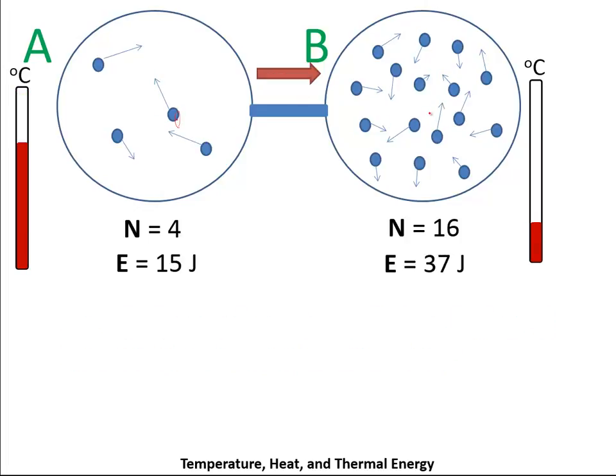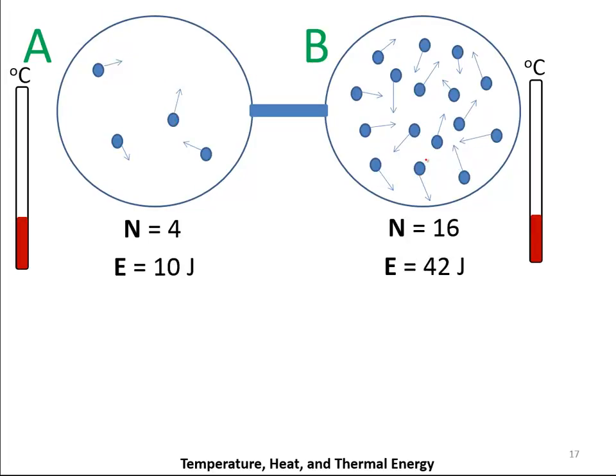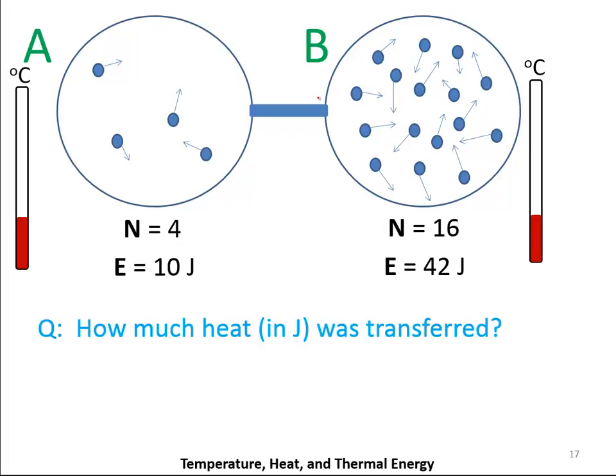And this is exactly what you'd expect, since the atoms in sample B are gaining thermal energy. And finally, once the temperatures are equal, then the transfer of thermal energy stops, heat flow stops, and we come to thermal equilibrium.